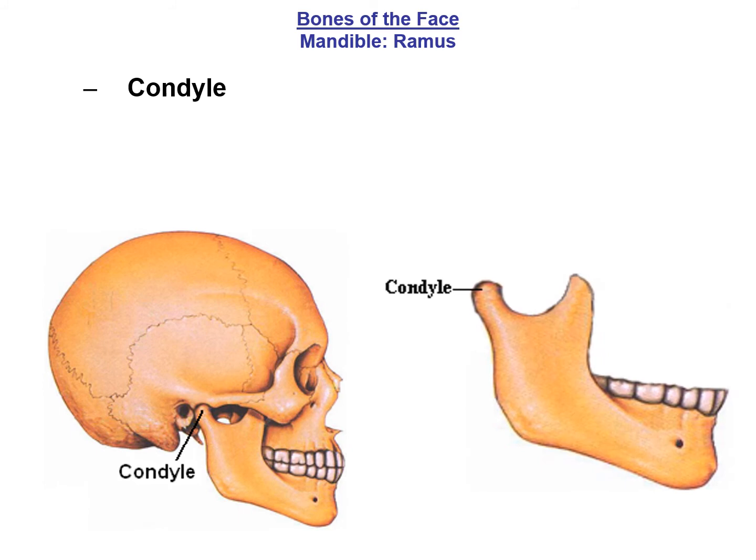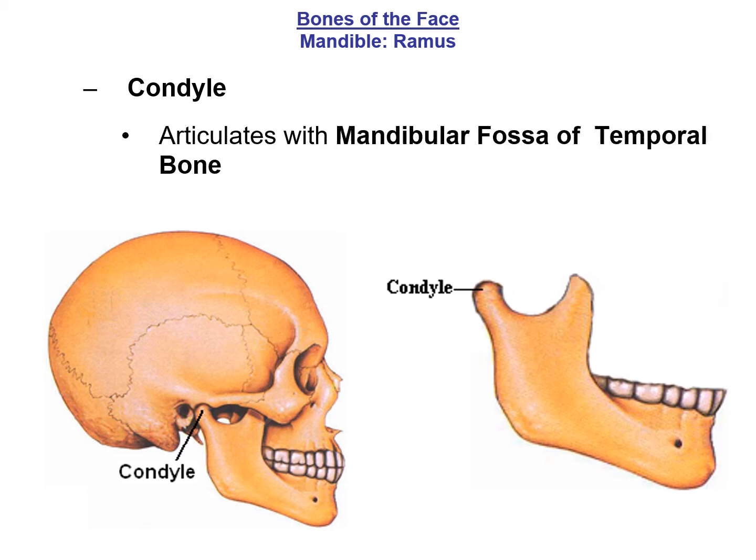The posterior projection of the superior ramus back here is the condyle. Condyle is kind of a general term that means joint. You have condyles on your femur, you have condyles on your humerus, but the condyle is where the mandible articulates with the temporal bone.